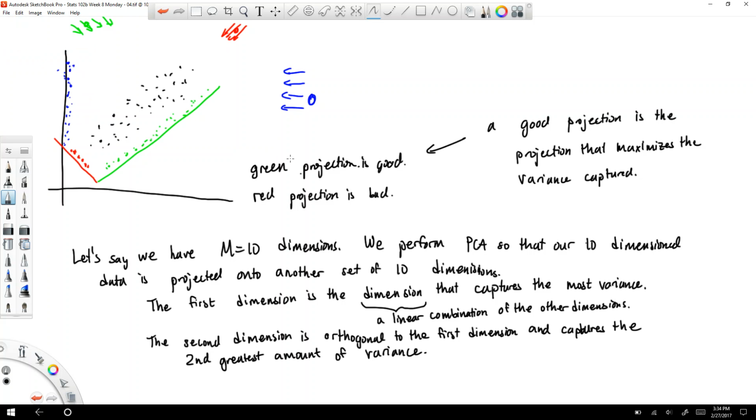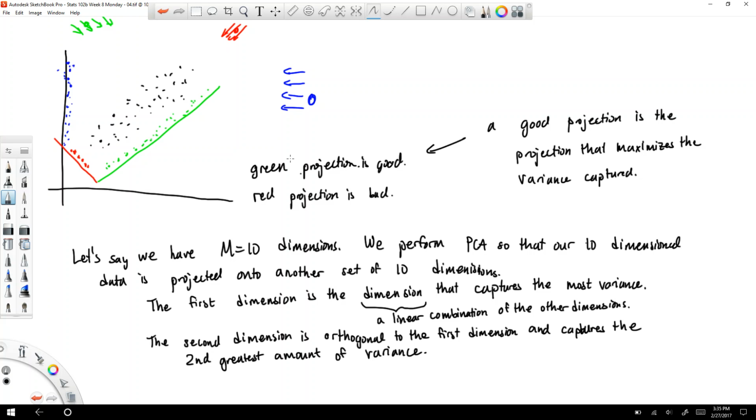Okay, and then the third dimension is orthogonal to the first and the second, and captures the third amount of variance, all the way down to the 10th dimension. The 10th dimension is orthogonal to the first 9. So all 10 dimensions will be orthogonal to each other.